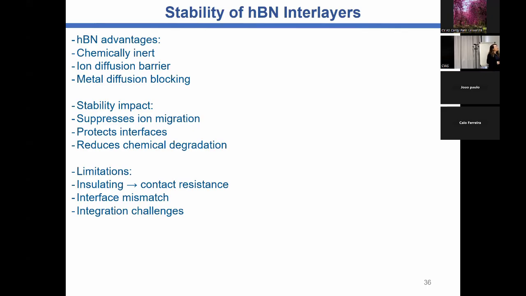And metal diffusion blocking, because the metal can diffuse inside the active layer. So h-BN can be a very nice material to block this instability related to the ion from the electrode.